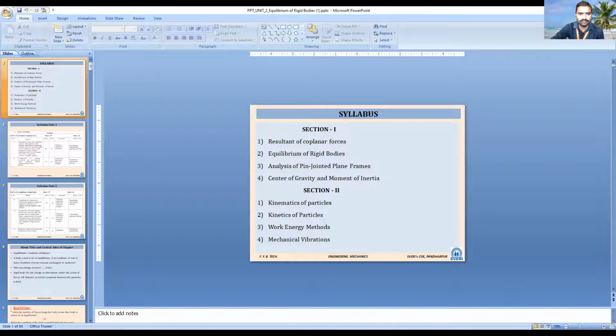Is it visible with full screen? Yes, sir. Full screen, nice.